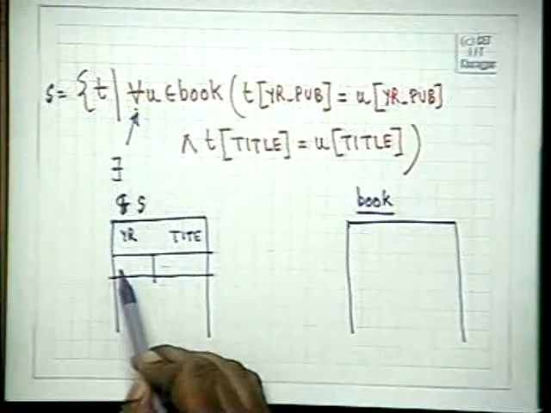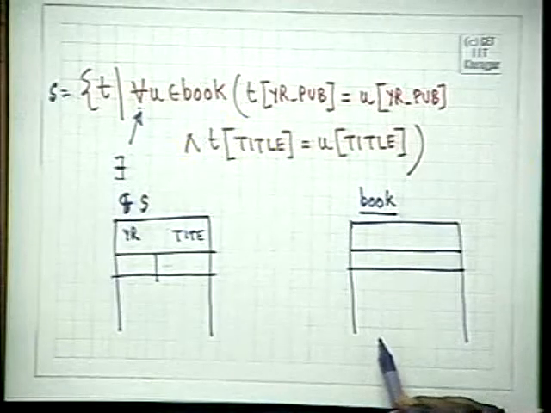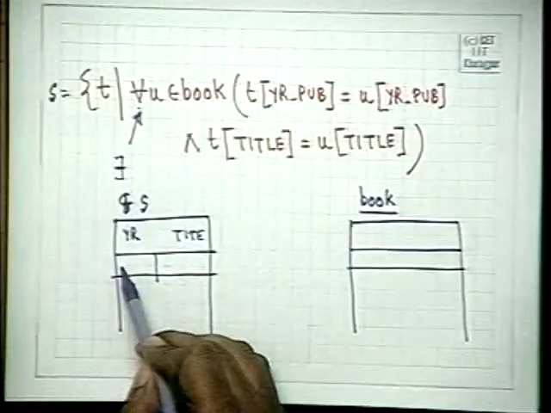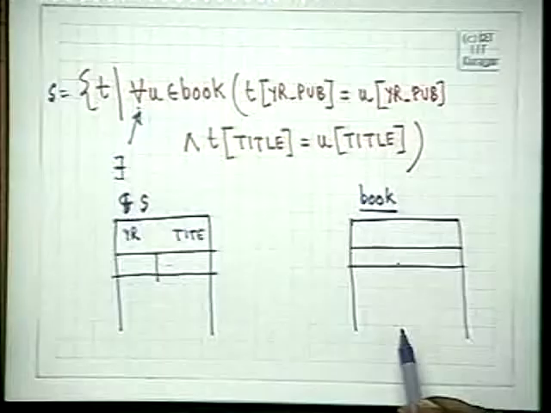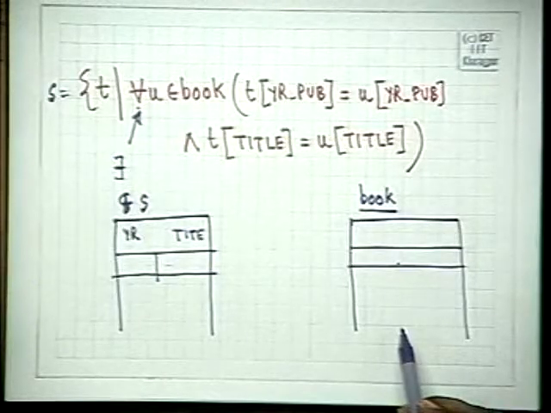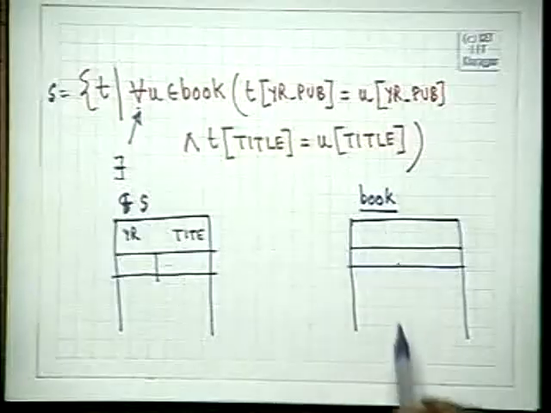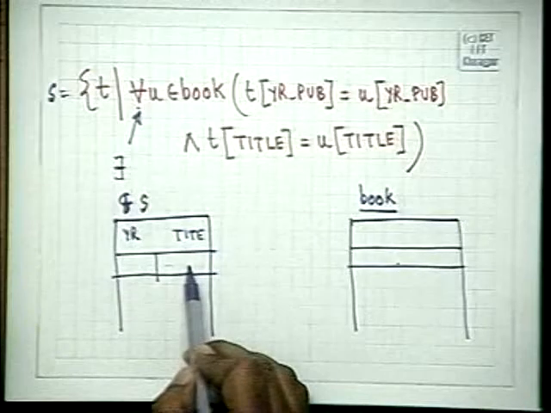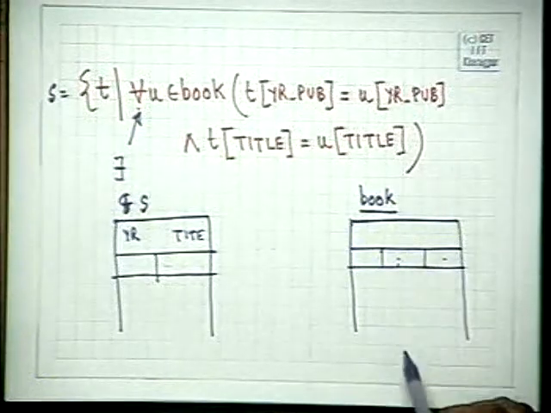Now, for each tuple, I must have it such that every tuple in book must satisfy the year of publication must be same as this and the title must be same as this, which actually means that the book can have only one element, can have elements whose year of publication and title, all of them must be same as this tuple. This is what it means.